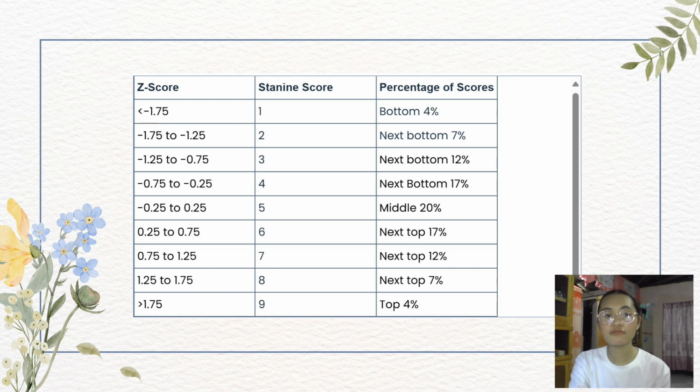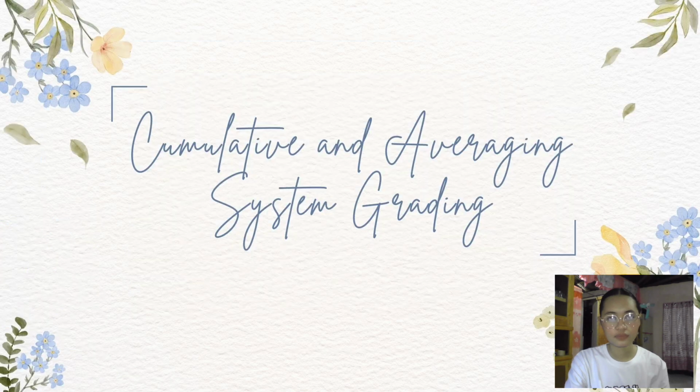For negative 1.75 and lower, we can see that its stanine score is 1 and the percentage of scores is the bottom 4%. And for 1.75 and higher, the stanine score is 9 and its percentage of scores is the top 4%. So let us now have the cumulative and averaging grading systems.